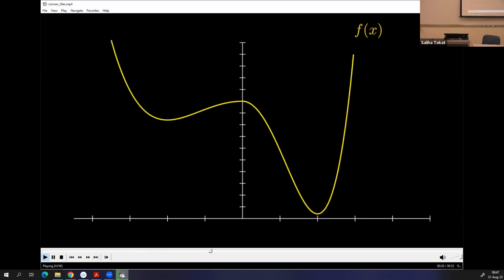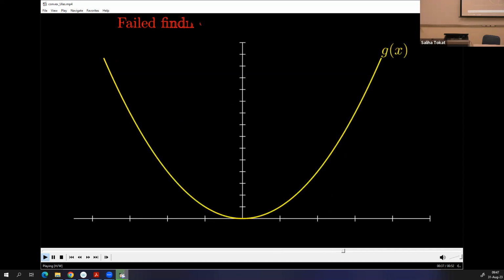Now, if we use our gradient descent algorithm on this non-convex function, there is no guarantee that the minimum we find is the global minimum. Here, we find a minimum, but it is a local minimum. We miss the global minimum. But if we use it on the convex function, it guarantees that the minimum we find is the global minimum, as in this video.